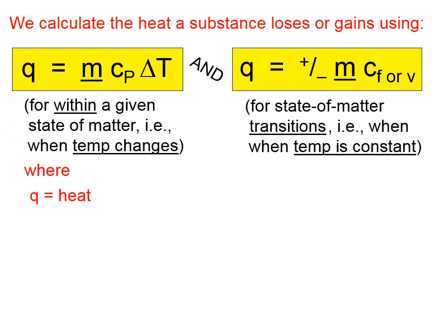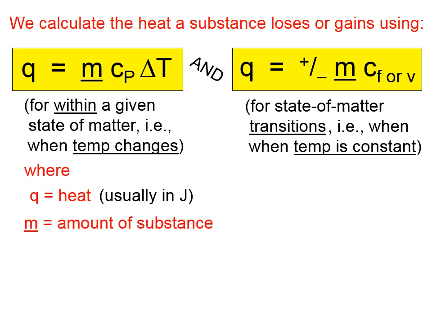These variables, Q is the heat, usually in joules, m is the amount of substance, and I came up with this notation, m with a line under it, to generalize that amount of substance. Maybe it's given in grams, maybe it's given in moles. That way the same equation applies for either case.